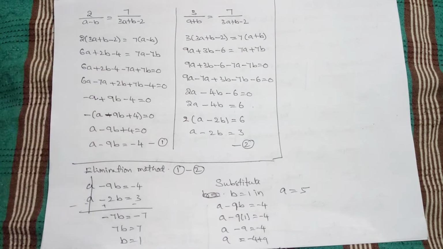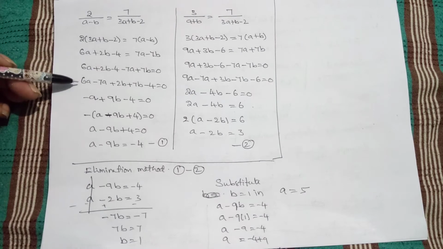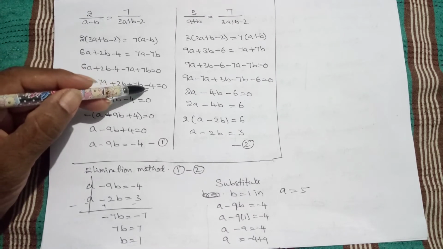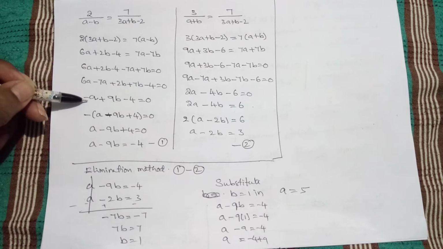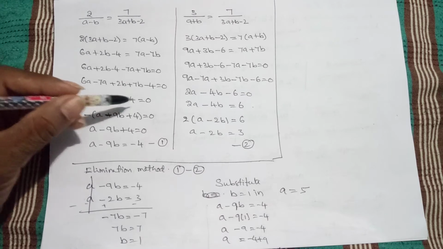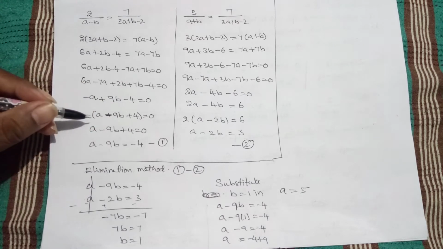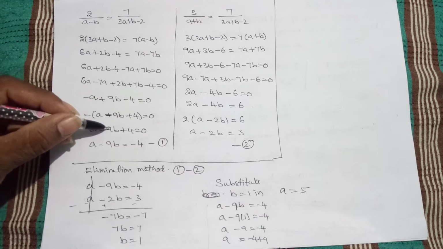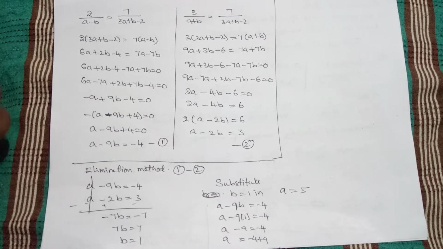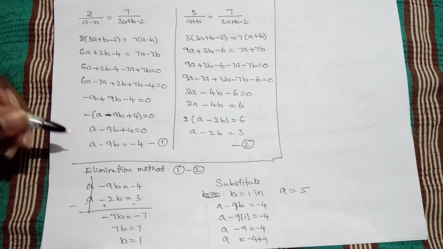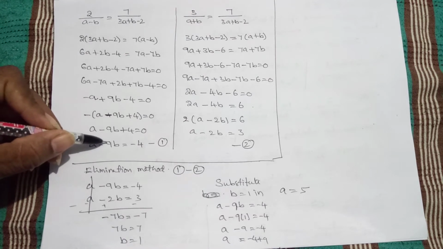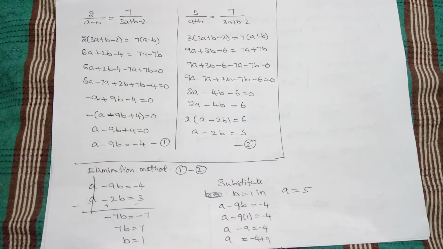Bring all the a's and b's to one side. Now separate a's and b's, and here we have a constant. Now here minus a plus 9b minus 4 equal to 0. Take minus common: a minus 9b plus 4 equal to 0. Take this 4 to the other side, and a minus 9b equal to minus 4.